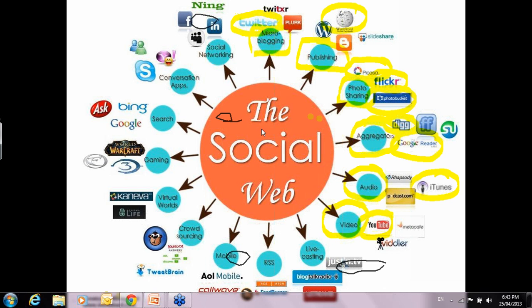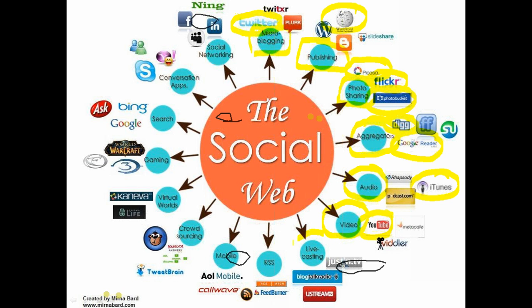Okay. So we were on video, and then you have things like live casting, which is such a powerful tool that you can actually broadcast yourself live to the world, right? Then you have RSS, which I told you Google has shut down its RSS feed. Then you have mobile-based applications, crowdsourcing.